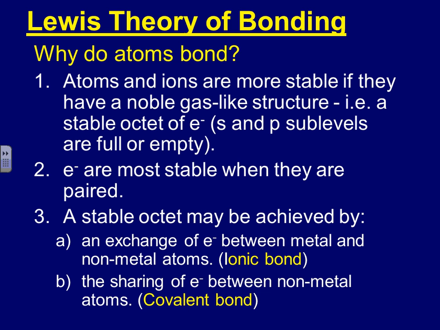We can extend this now to what we know about orbitals: either filling the s and p orbitals, which total 8, or emptying out the s and p orbitals. So where it says s and p sublevels are either full or emptied, that's how we can link our new idea of orbitals to the old idea of the octet, which we learned last year.